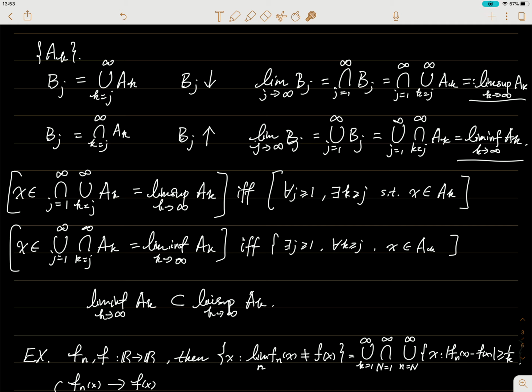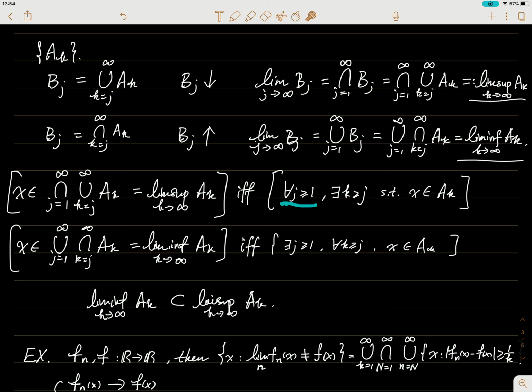Okay, and then once you have the j, you can see that x belongs to one of those ak's. Okay, because k from j to infinity, this is the union. So that means for each fixed j, x is in one of those ak's. So in summary, if x belongs to this set, that means for any j, because it needs to be in any j because of the intersection.